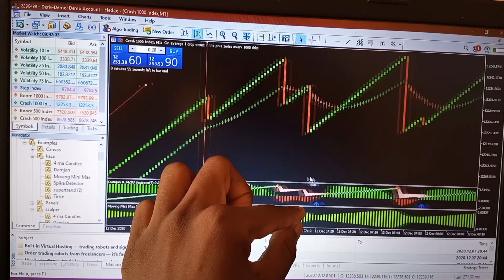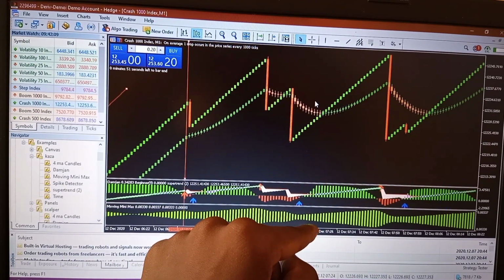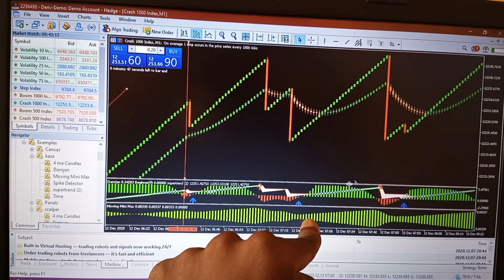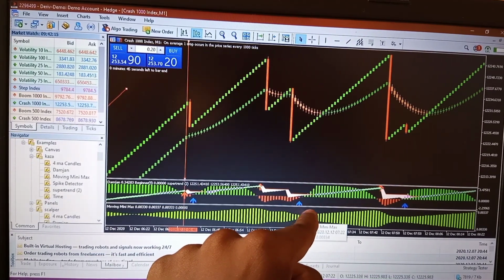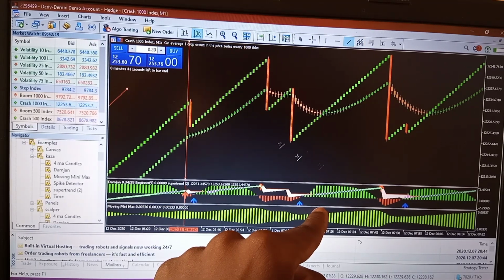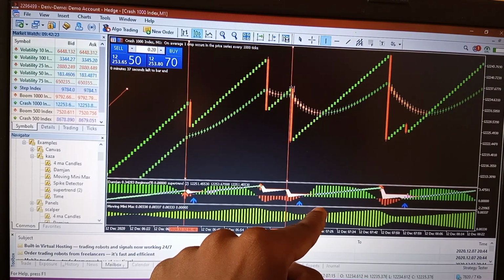Let's also take another example. Here, the moving minimax bars are also small, but as you go up, let me just draw the line so that you can see what I'm talking about.